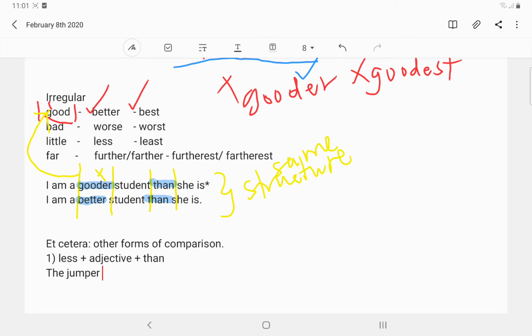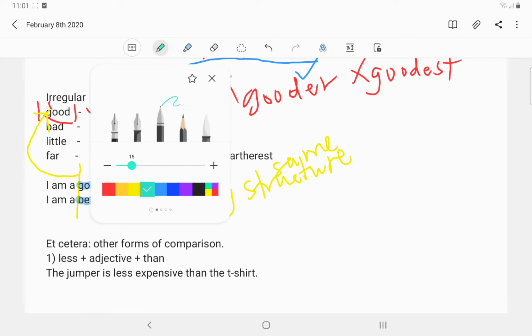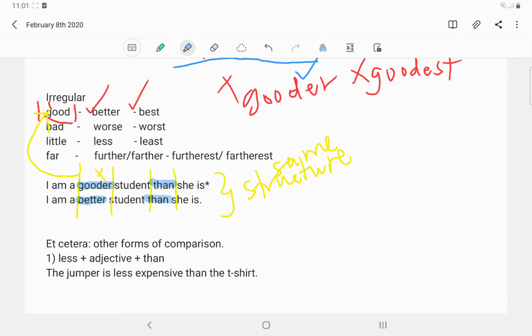Jumper tu baju is less expensive than the t-shirt. Okay, the jumper is less expensive. Less expensive.